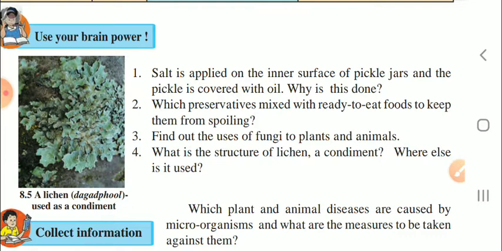Even for objective or multiple choice questions these will help you. And draw the diagrams, practice the diagrams nicely, because diagrams are very scoring and very important for you. When you are making the diagram, you have to learn the labeling also.